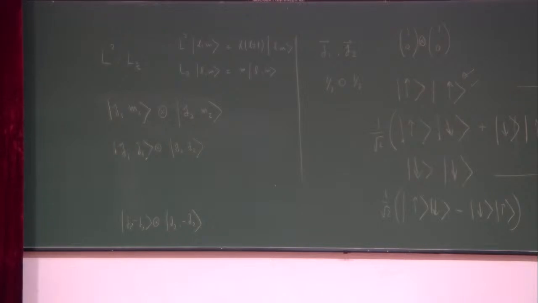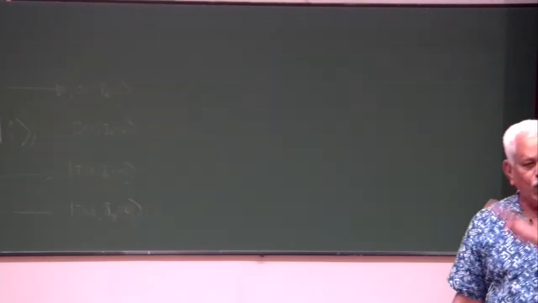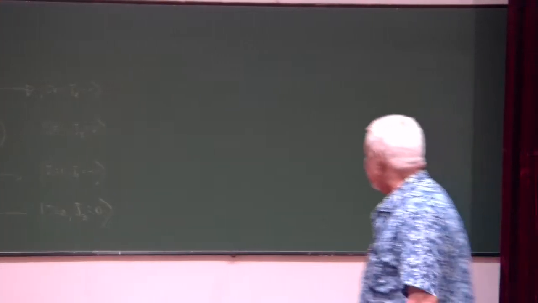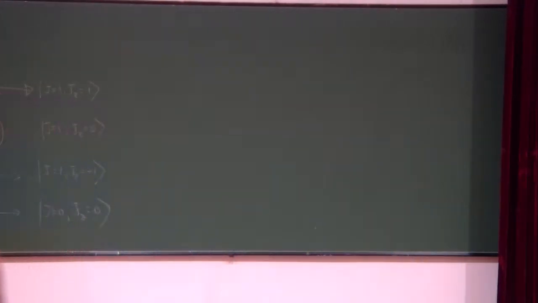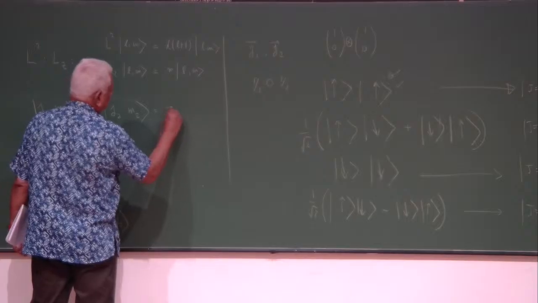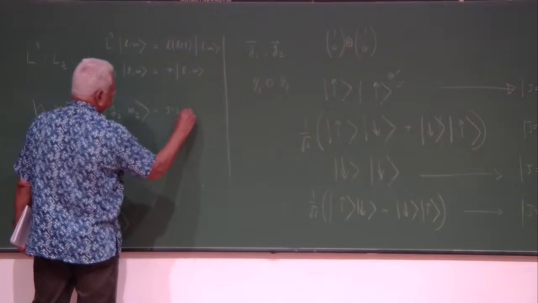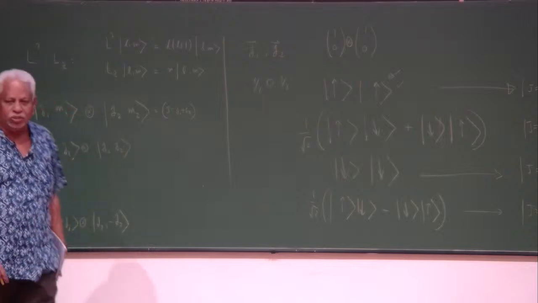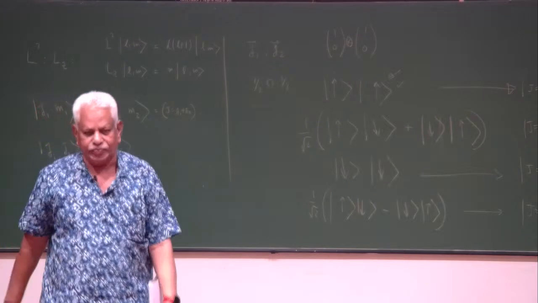So there should be a composite angular momentum with J equal to J1 plus J2, because that will go from minus of J1 plus J2 to plus J1 plus J2. That should be there. It has to be there.